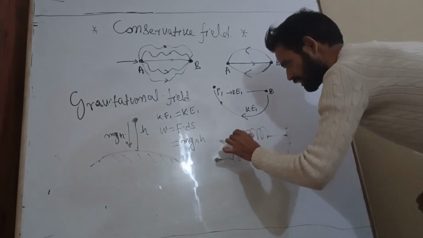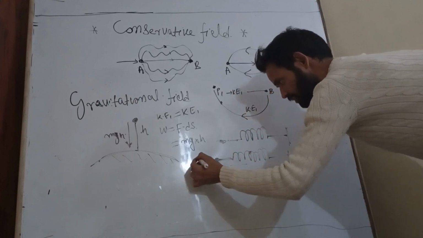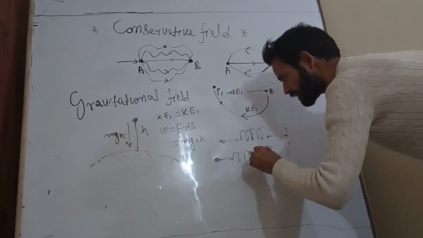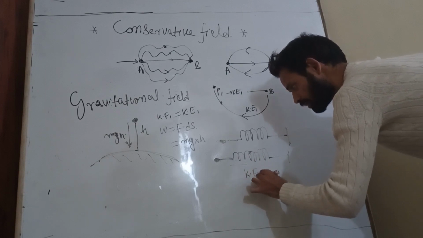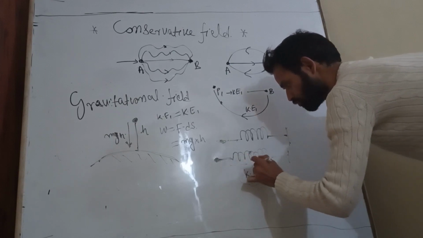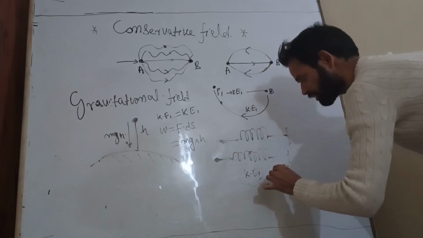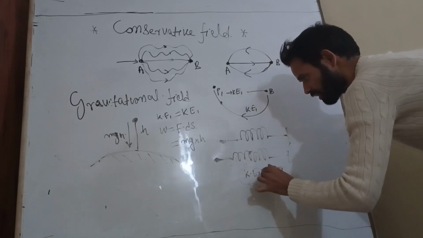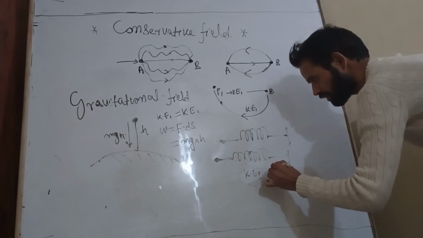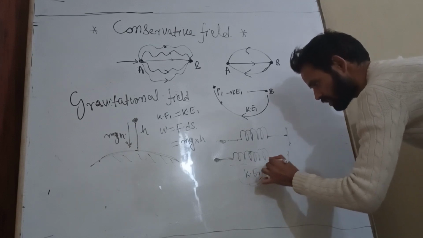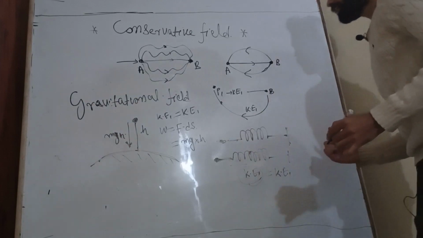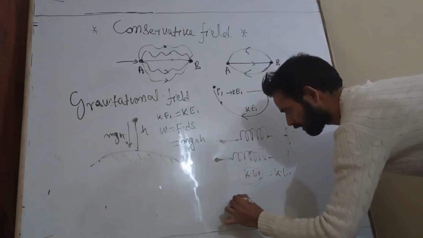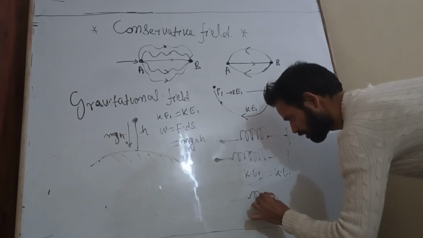When you stretch it, you are applying some force, and at that time its kinetic energy is KE1. So whatever the work done, after that it will come back to its initial position with the same kinetic energy KE1.